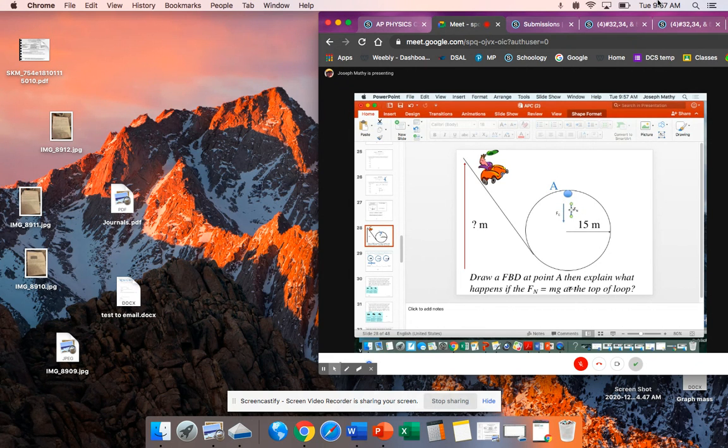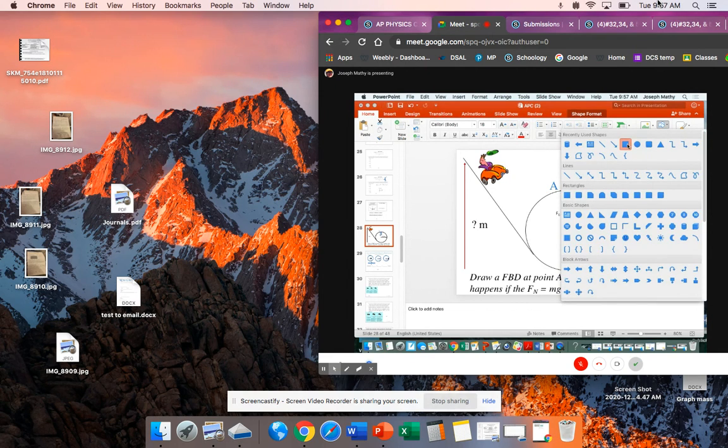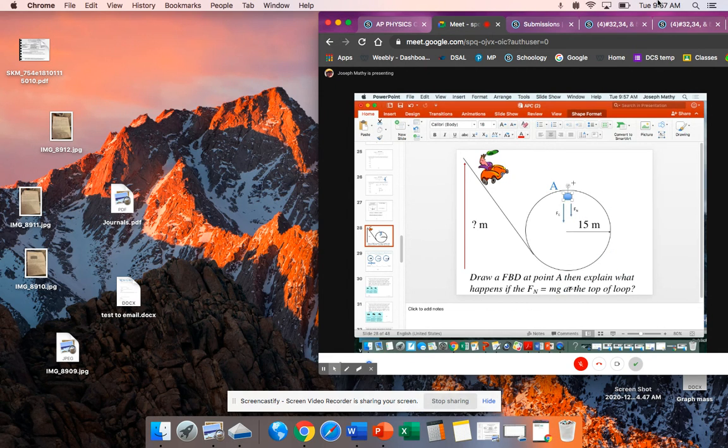Okay? So let's pretend for a moment that I put a bathroom scale in here. I am going to put a little tiny bathroom scale, and my bathroom scale is capable of measuring the apparent weight of the ball.